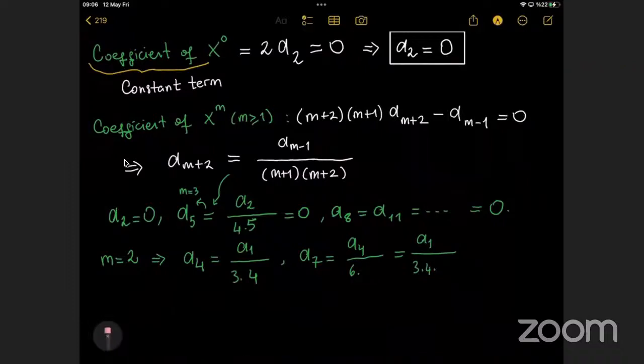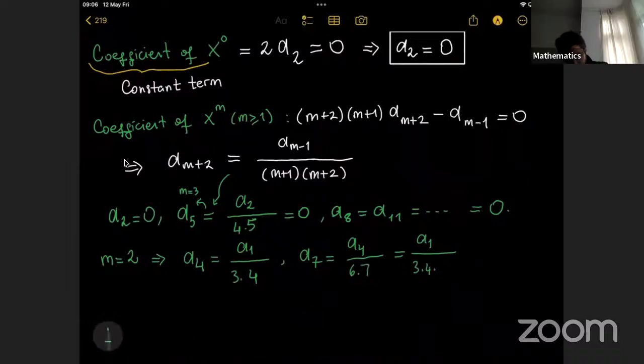Right. This should be 7, right? So 3, 4, 6, 7. Okay. Well, you can continue with this. A10 is, in that case, A7 over 9 times 10.